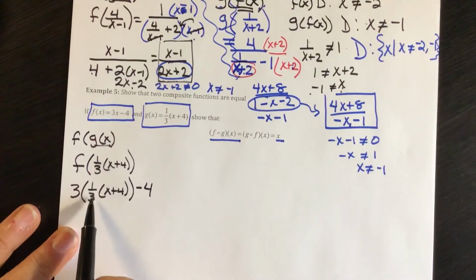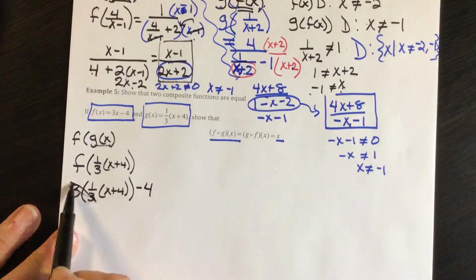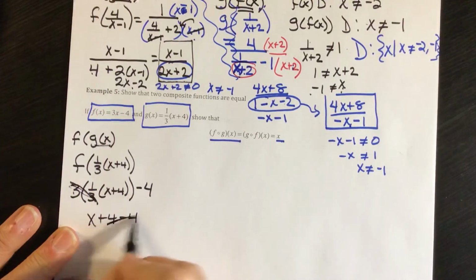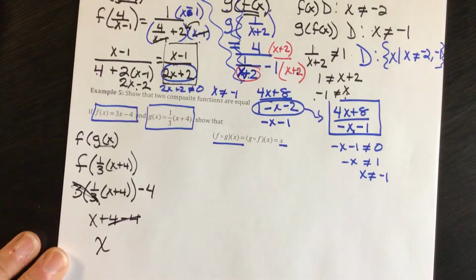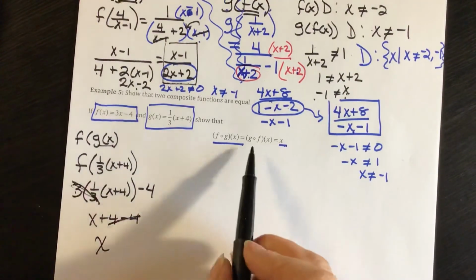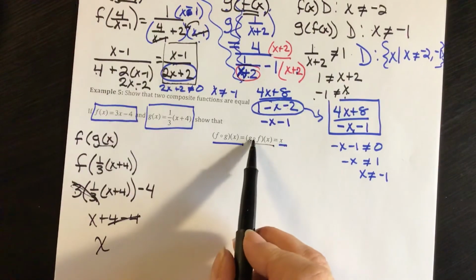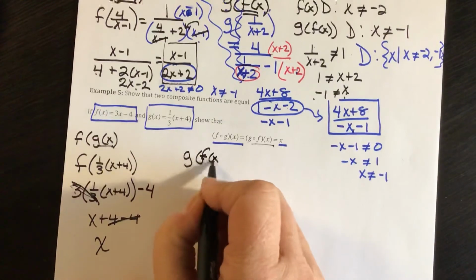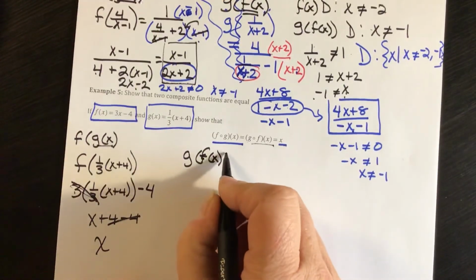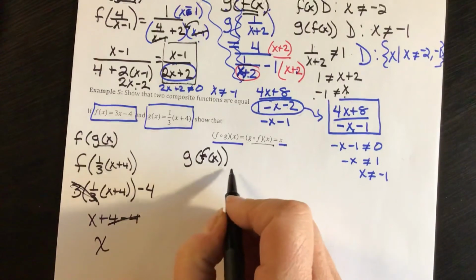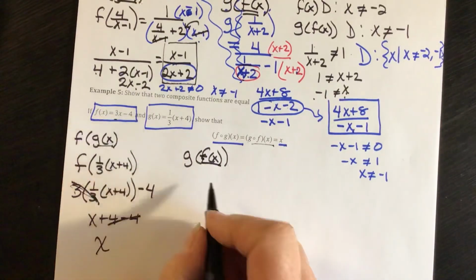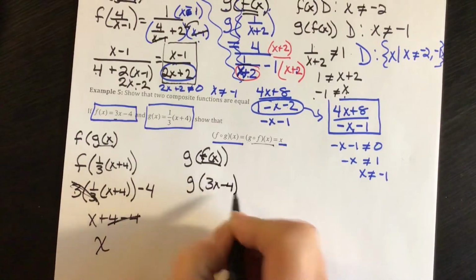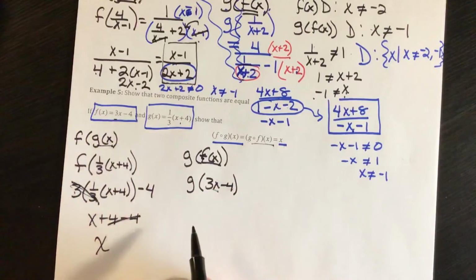Now, here, if I multiply 3 times 1/3, that's going to cancel. And I'm left with x plus 4 and minus 4, and those are going to cancel. So that gives me x. Now I'm going to go the other way and say g of f of x, and now I'm going to take the f of x function, which is 3x minus 4, and I'm going to plug this into the g function.